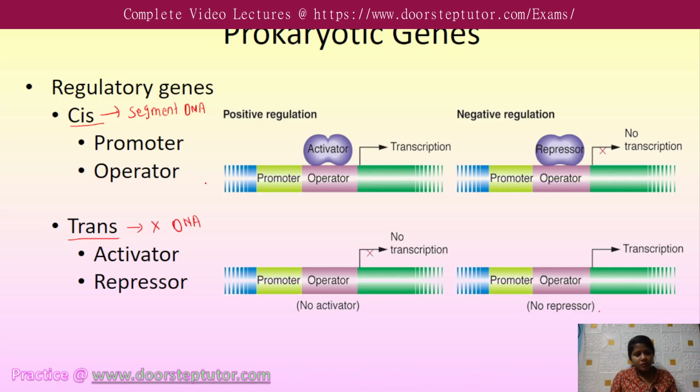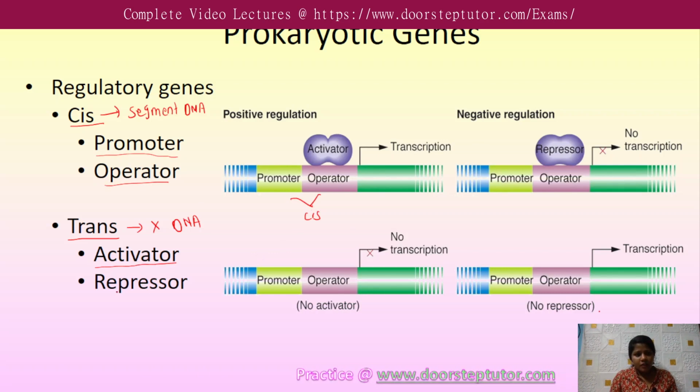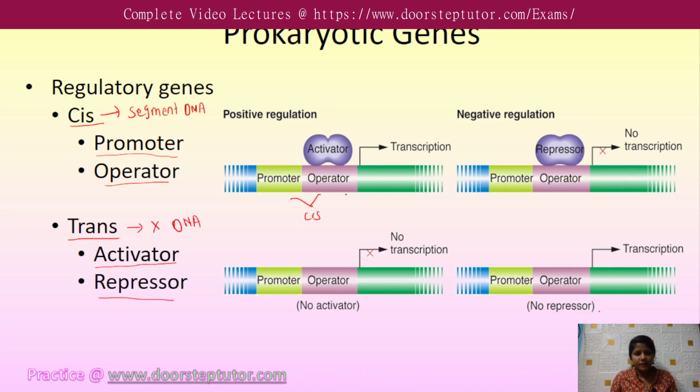They come from outside. So, the examples of the cis regulatory genes are promoter and operator. As you can see, these are two cis genes. And activator and repressor are the trans regulatory genes.